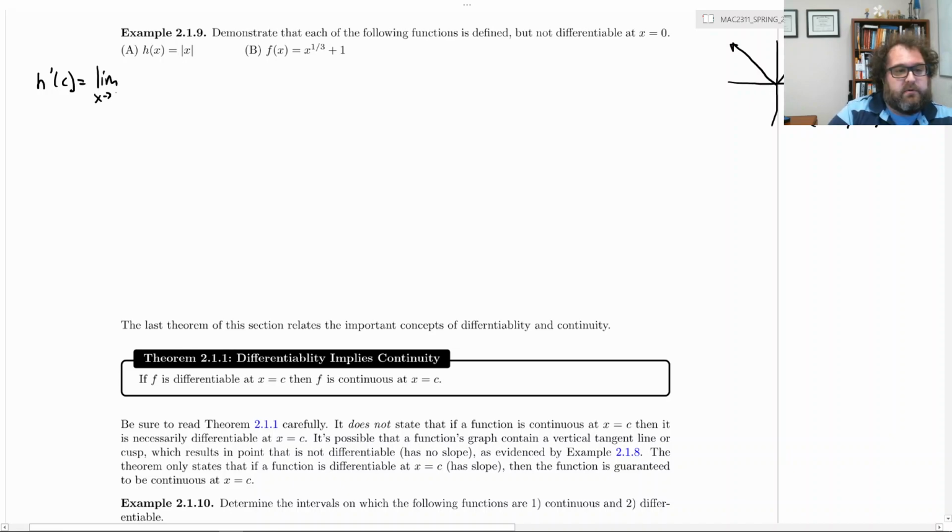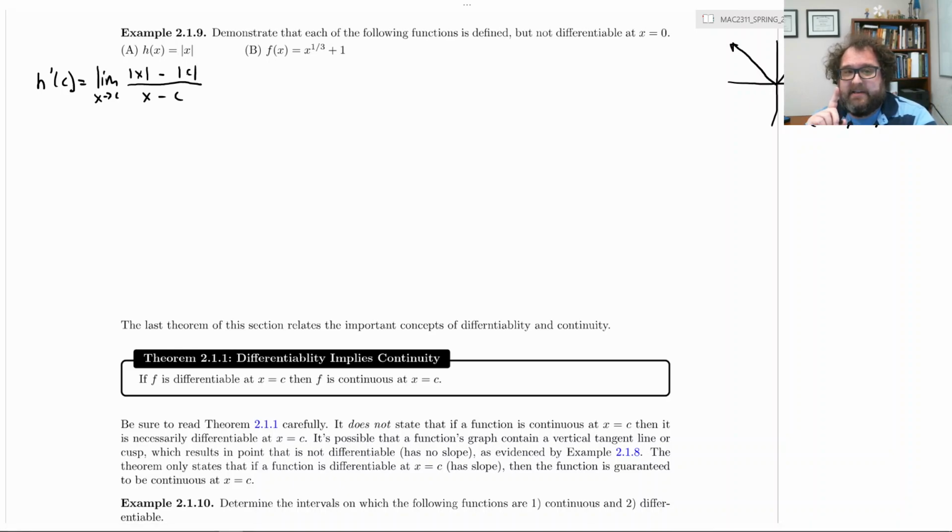as x approaches c of f of x minus f of c over x minus c. So that would be absolute value of x minus absolute value of c over x minus c. Okay?